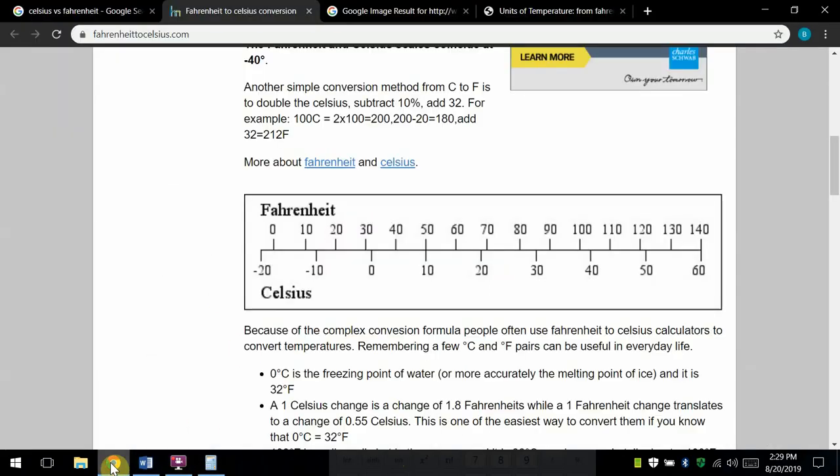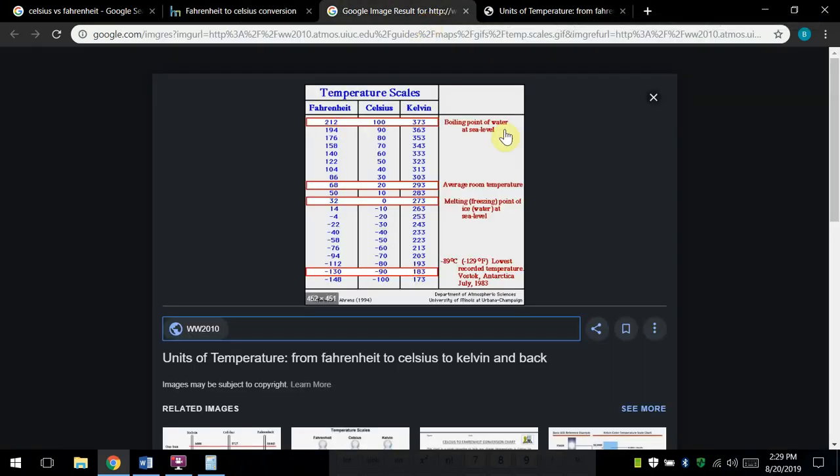Let's look at the scales now. Occasionally an integer number of Celsius degrees equals an integer number of Fahrenheit degrees.